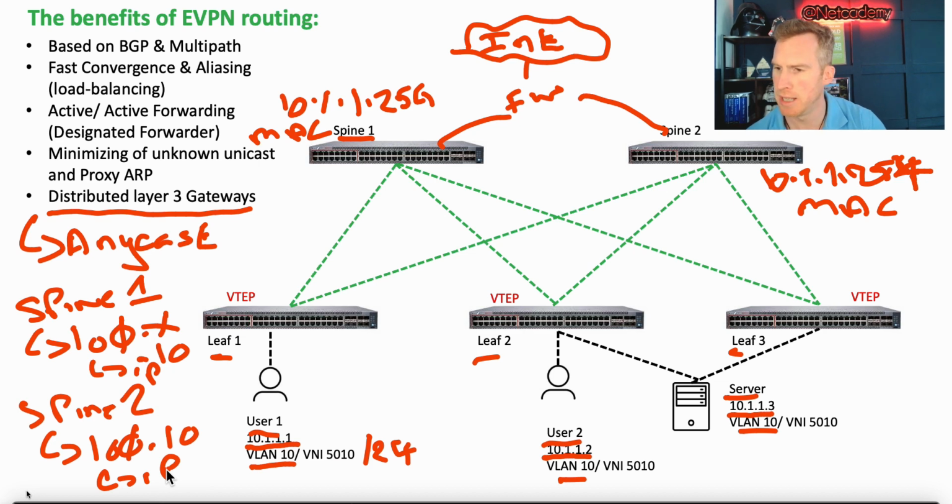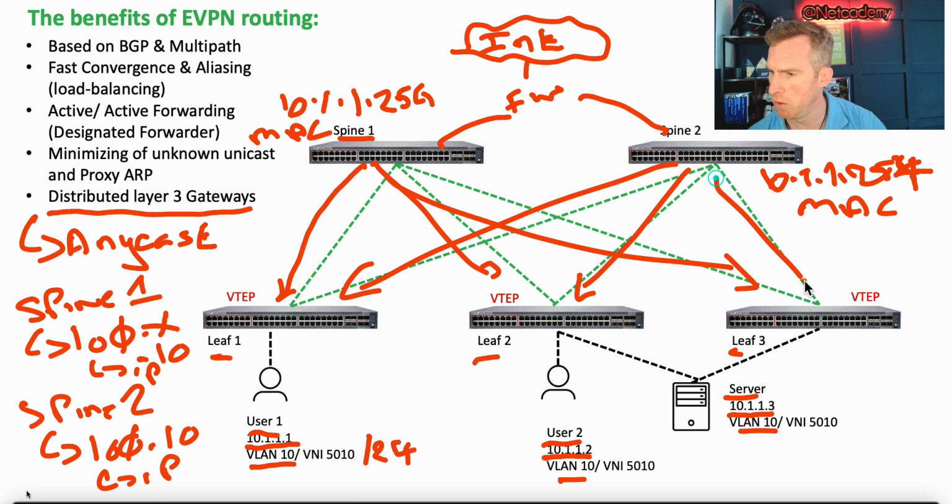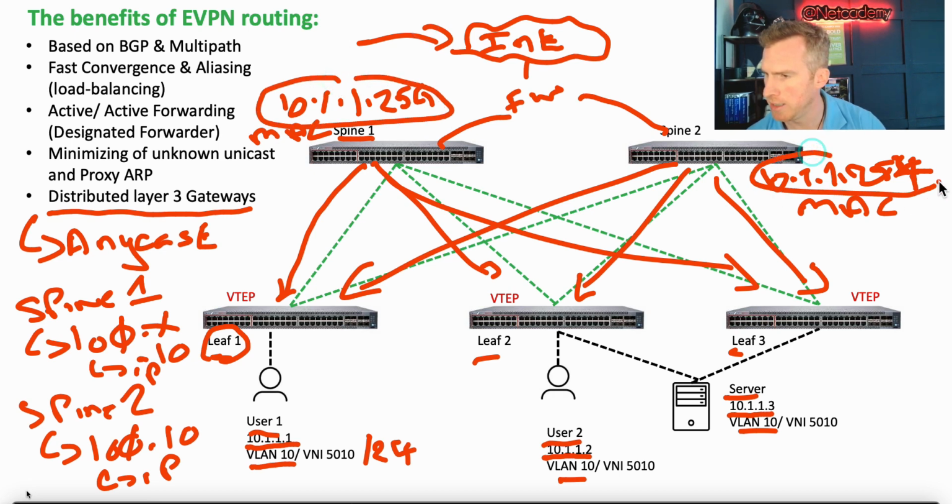But that next hop is then advertised down from spine 1 to leaf 1, to leaf 2, to leaf 3. And spine 2 advertises that next hop, its loopback address, to leaf 1, to leaf 2, to leaf 3. And then these leaves know that if I want to get to the internet, my gateway is here, my gateway is here, but oh, hang on, I've got two physical, as such, next hops.